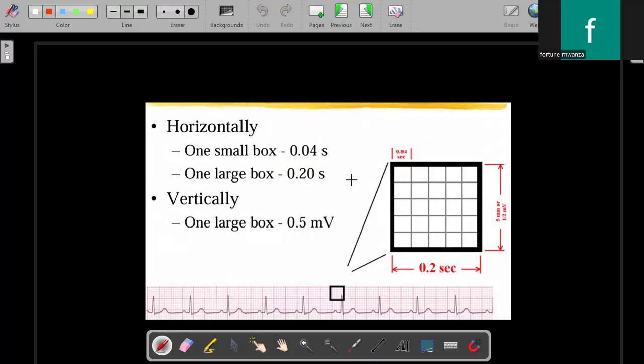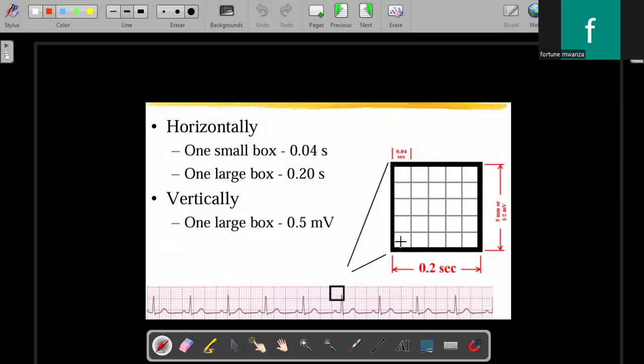On your ECG you have this box. In this box there are small boxes which run from your left to right. If you go horizontally, it shows time. If you go vertically, it shows your millivolts.